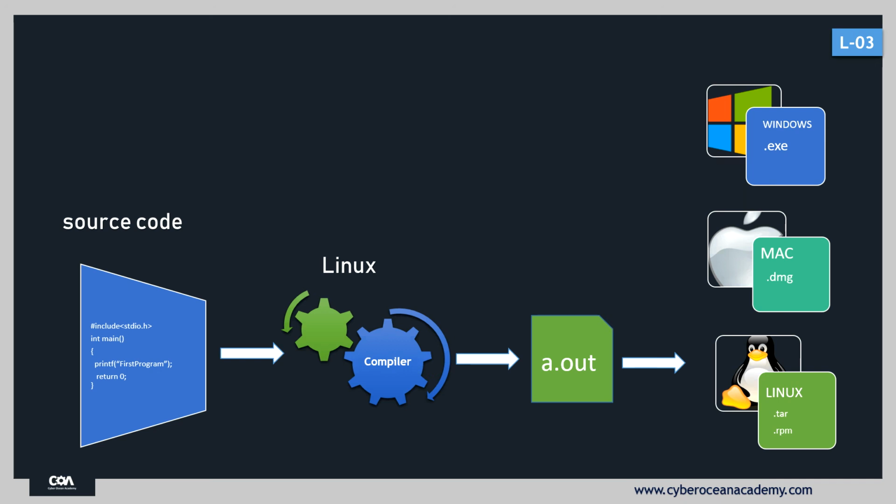So this is platform dependency. C language is a platform dependent language, that is, you cannot run the same program on another platform. Also, C++ is a platform dependent language, and object oriented languages like Java and Python are platform independent languages.